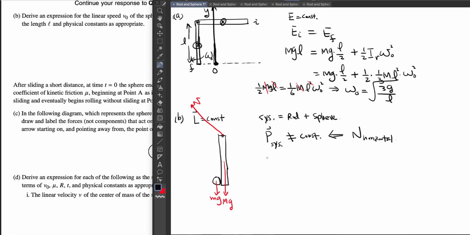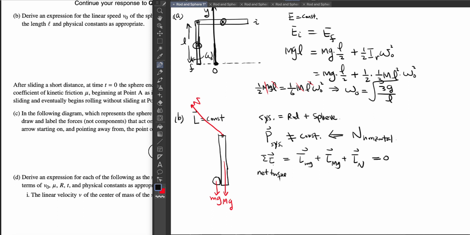So the net torque of the system, sigma tau, the total torque, would be the torque due to little mg, plus the torque due to capital Mg, plus the torque due to the normal force. They all equal 0, right?